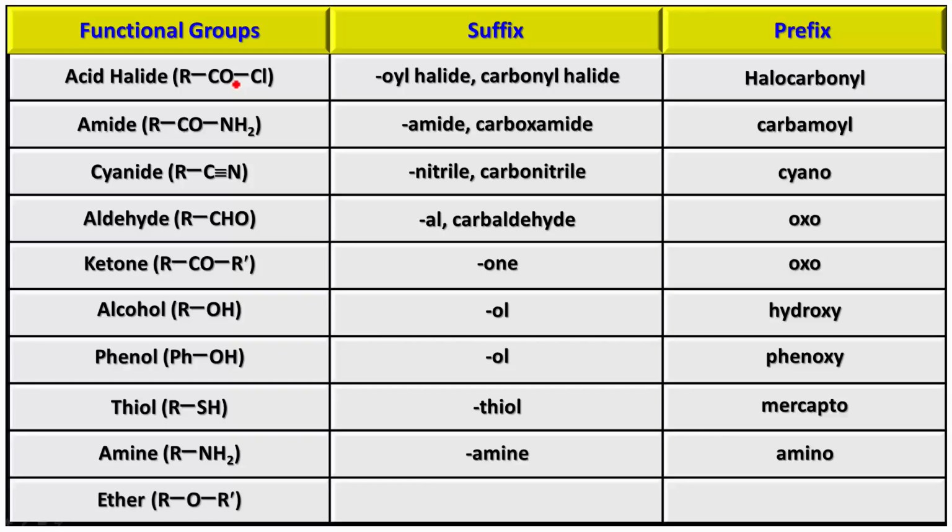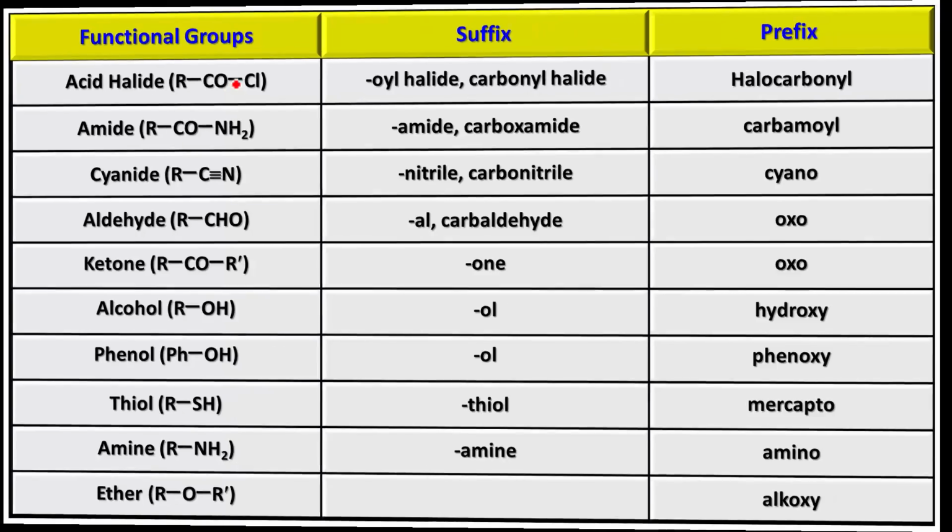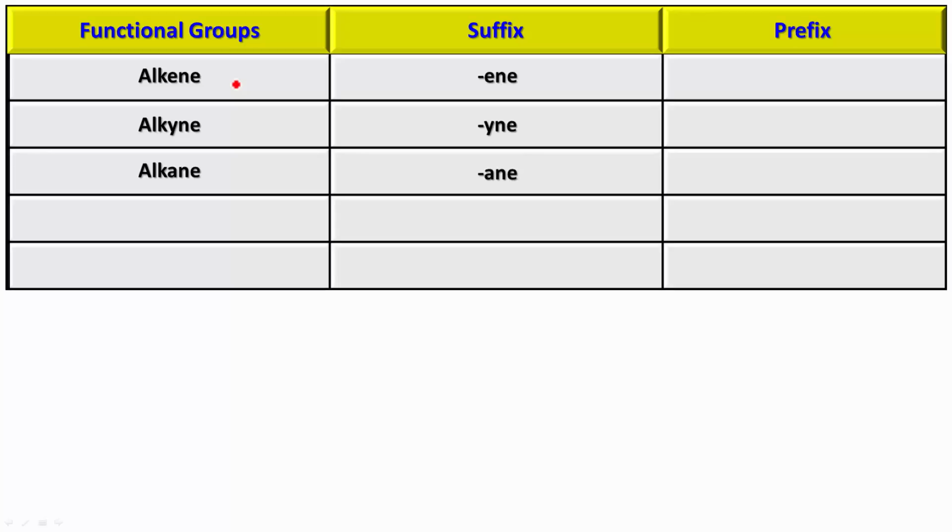Ethers, on the other hand, are never used as suffix. Ethers are always alkoxy. They're always prefixes. So no suffix for ethers. And then a couple more groups. Then you have alkene, ends in -ene, and there is no prefix for it. Alkyne ends in -yne, no prefix for it. Alkane ends in -ane, no prefix for it.